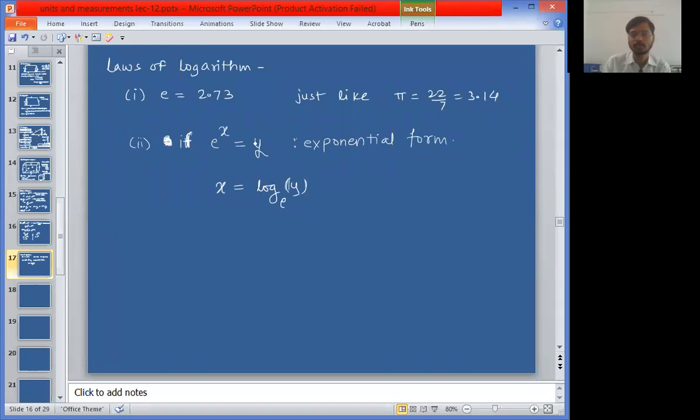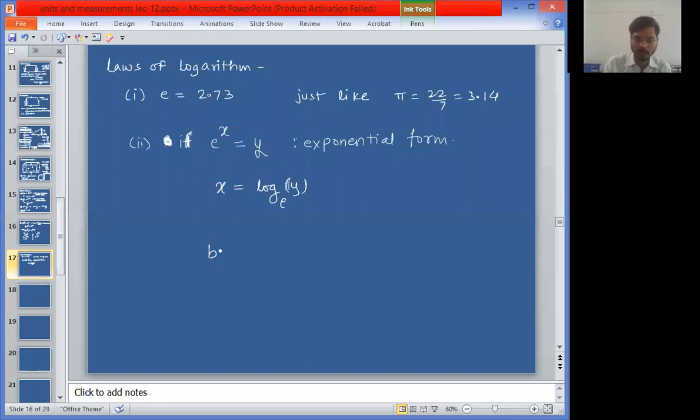If e raised to x is equal to y, then what can you write? Index is equal to log of answer to the base b. This is base, this is index, and this is answer.